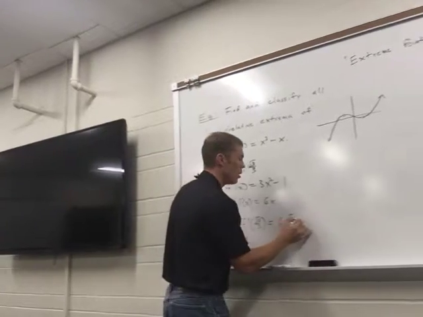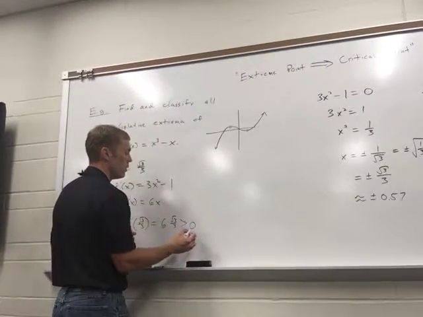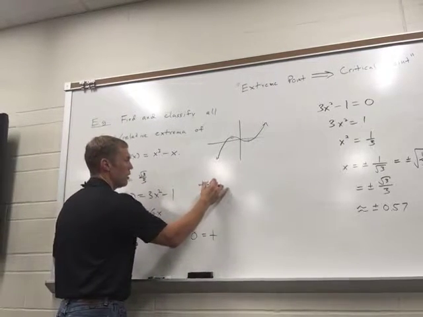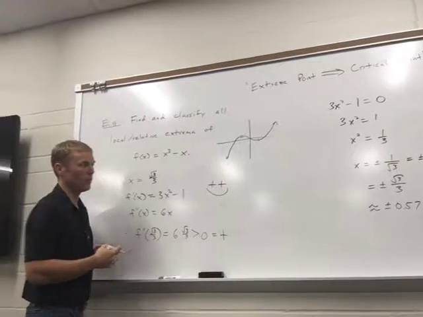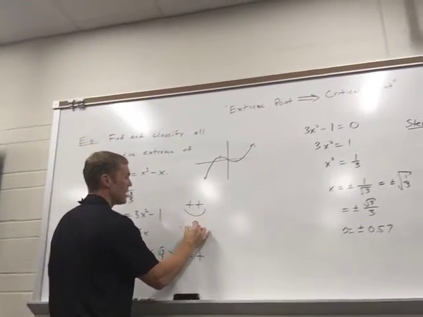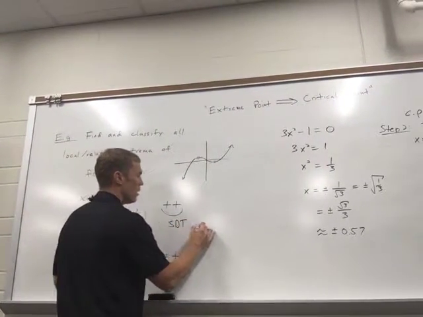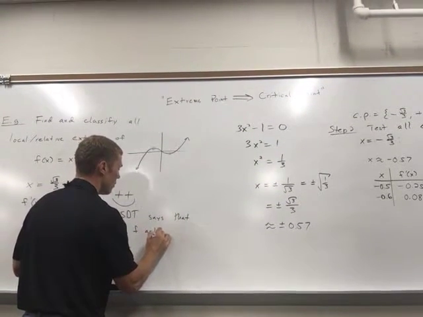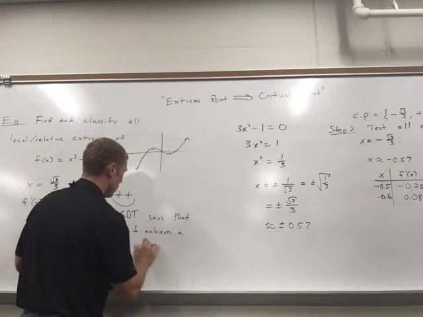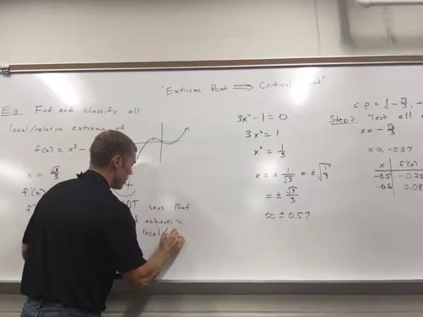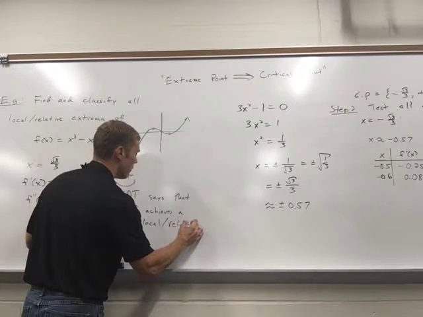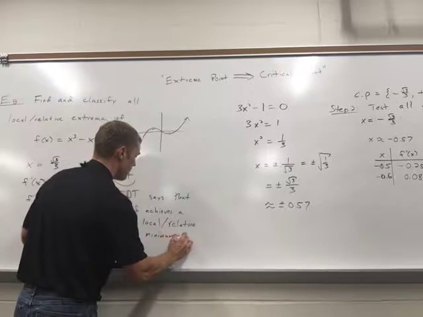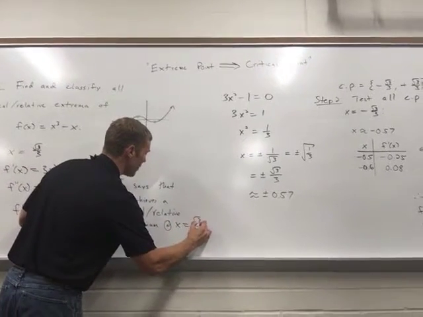This one happens to be greater than 0, which I'll say equals plus sign to give me that little picture of a happy face. And therefore, the second derivative test says that f achieves a local, relative minimum at x equals positive root 3 over 3.